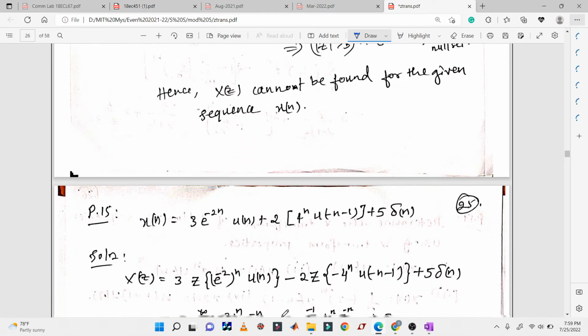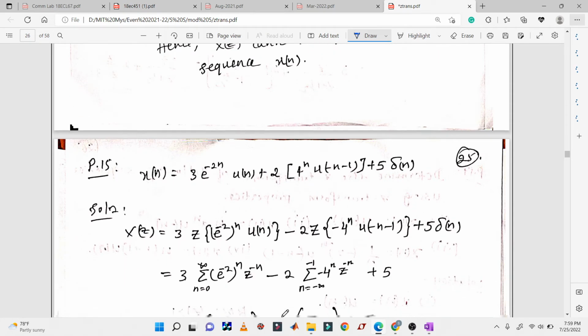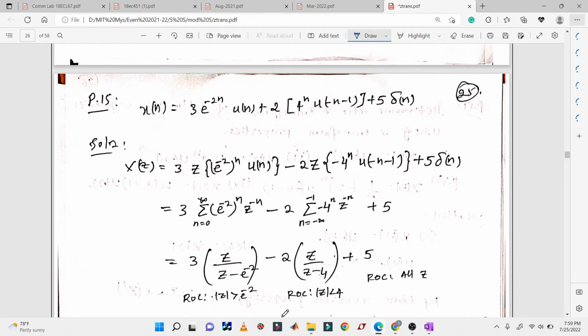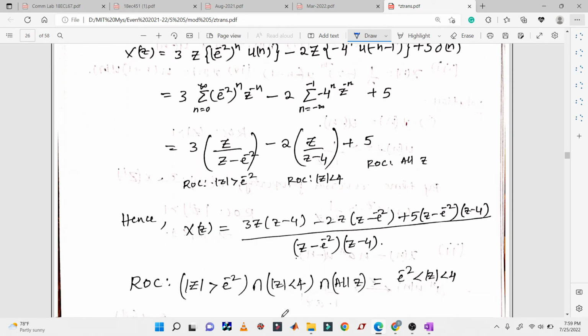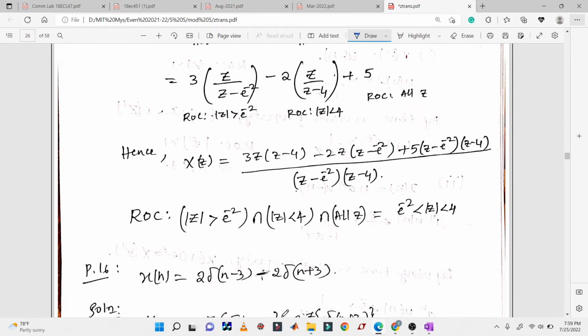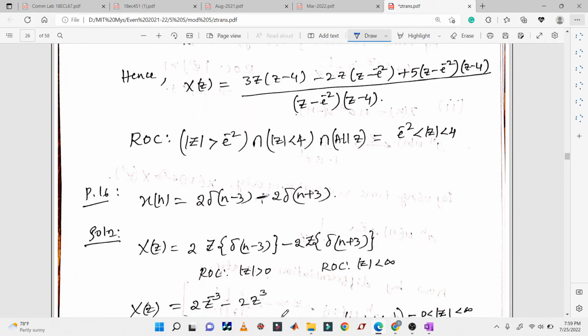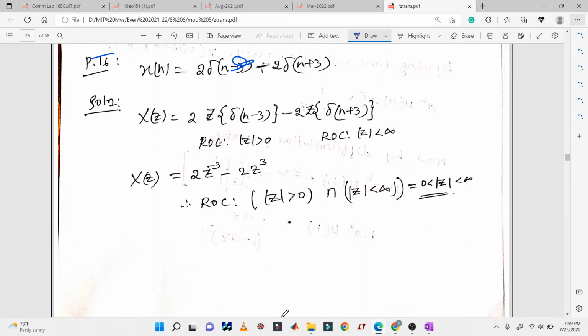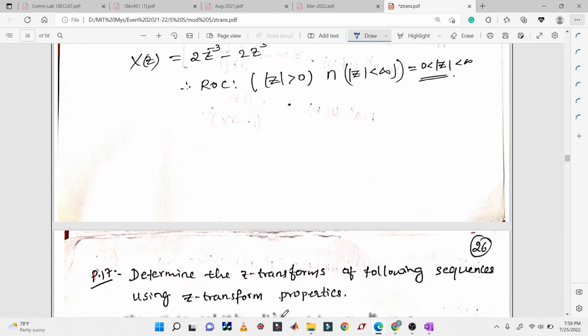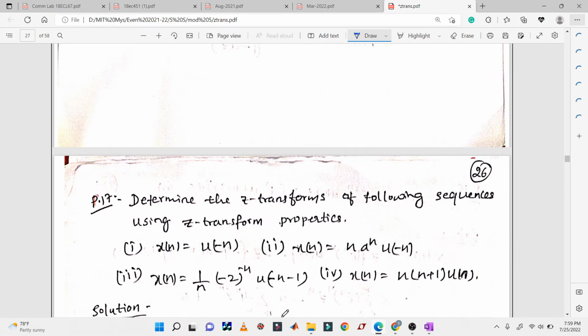Then this is another sequence. This one also you can try, because it is based on the previous problem. I will explain it tomorrow. So go through this problem, and this is the easiest one which we have already solved. The 16th one, 15th one and 14th one I will solve tomorrow quickly, and other problems you have to solve.